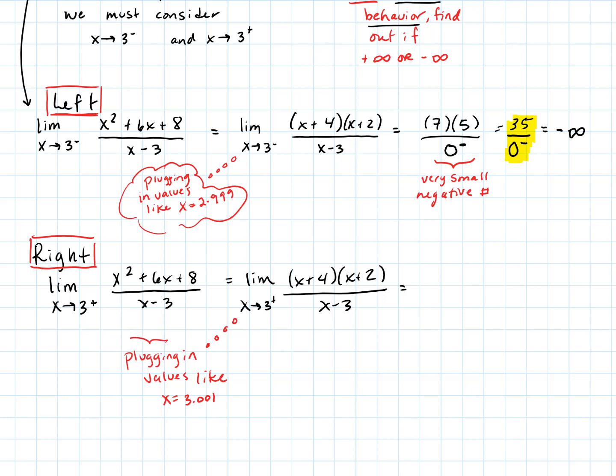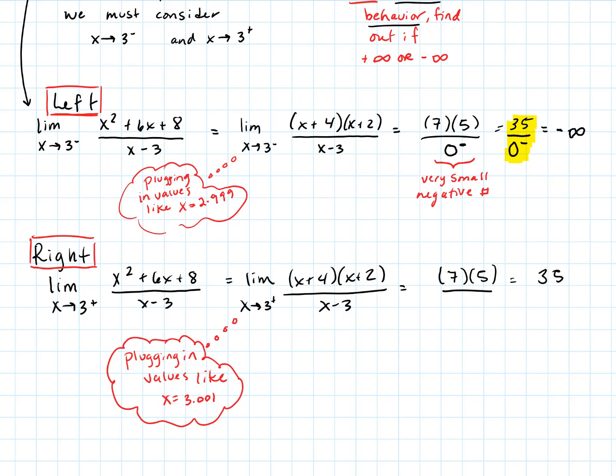Sometimes it actually helps to have a number, so I like to put that thought bubble there. In the numerator, as x gets arbitrarily close to 3 from the right, the numerator is going to approach 7 times 5, just looking at the factored form, or you could plug 3 into the original expanded polynomial. That is going to be 35.